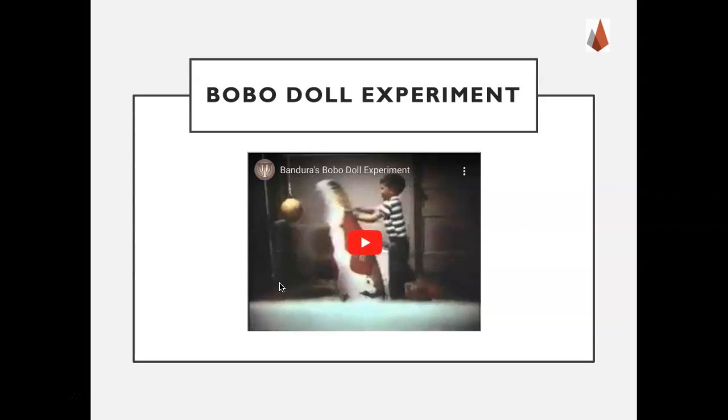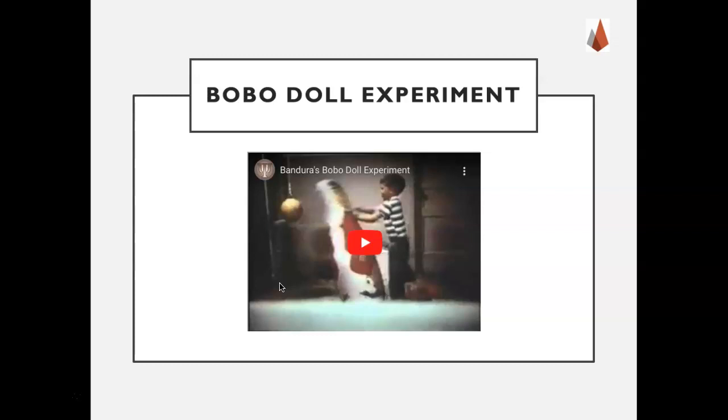Because Bandura in this time wanted to see the effects of watching violence on television and what it could have on children's behaviors. So we had children in different groups, and the different groups watched a video on how a woman interacts with a Bobo doll. A Bobo doll is just a blow-up doll that when you hit it, it has sand or something at the bottom, so it pops right back up.